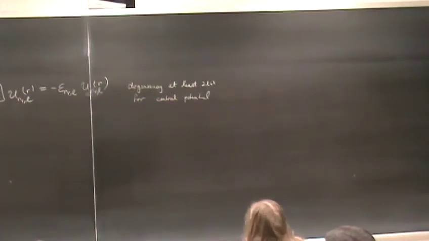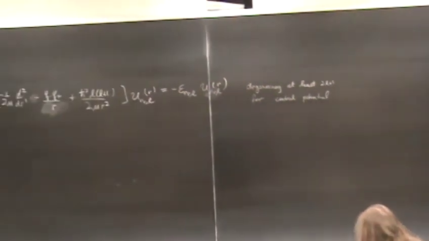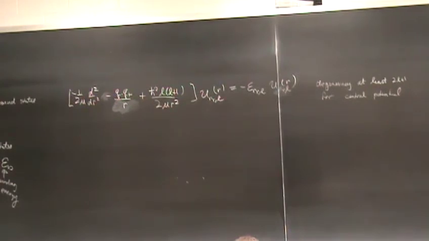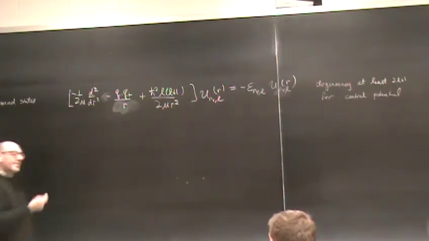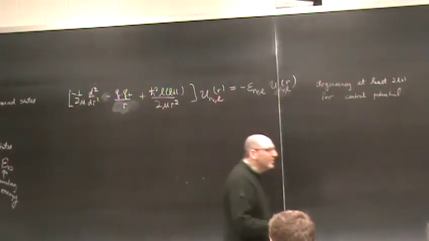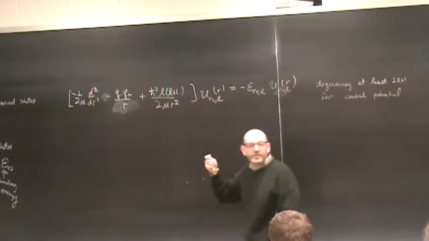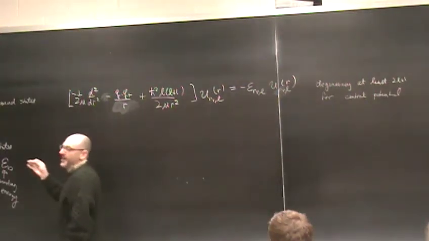Okay, so now we want to get going and solve this. The first thing that we should do is make the problem dimensionless. As I've emphasized, we did this in the context of the harmonic oscillator. The first thing you should always do is identify the physical scales in the problem that are defined by the fundamental constants of the problem, and then get rid of them.